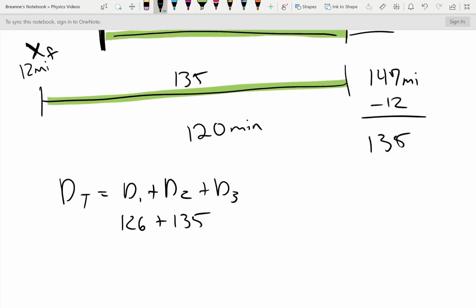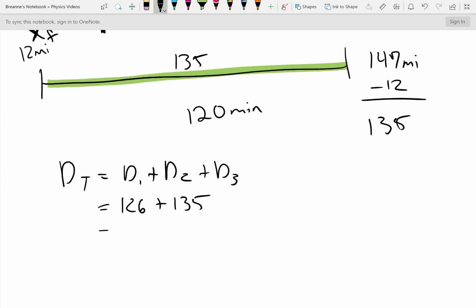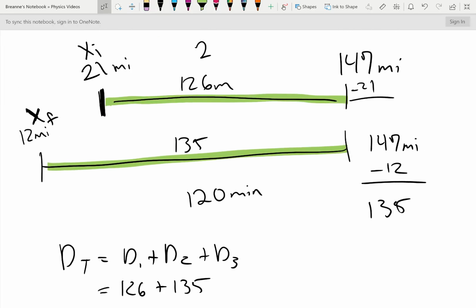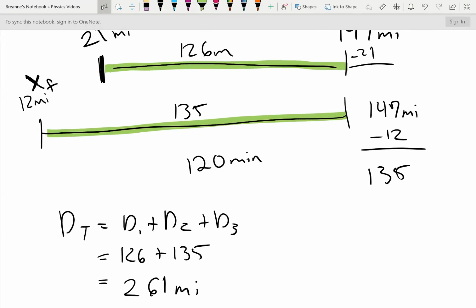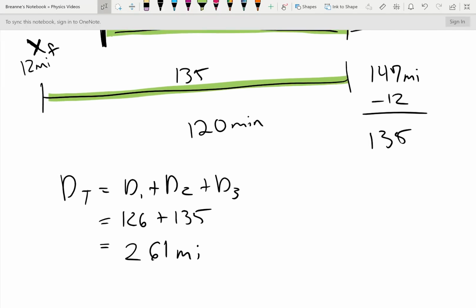So total distance is you're just adding it up: 126 plus 135, so you traveled 261 miles. Like in your car, the little odometer that tracks how many miles you moved would tell you you moved 261 miles.